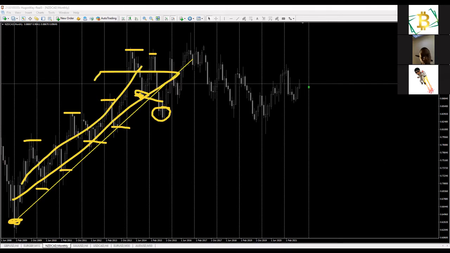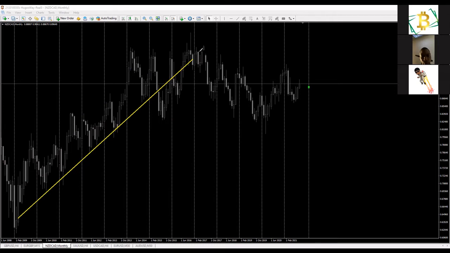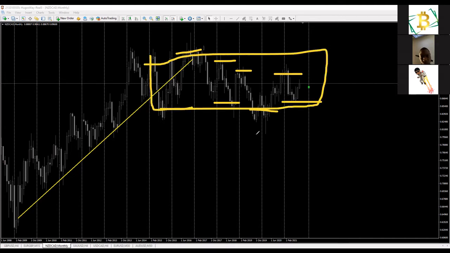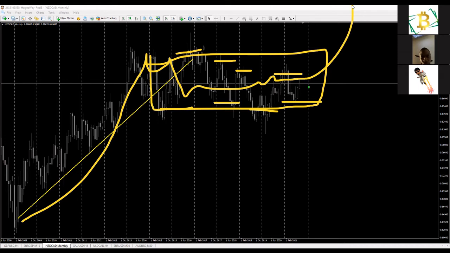Now, the next trend we've got is actually a sideways trend. Notice how these highs and these lows seem to all be in the same area. That would be considered solid consolidation. So looking at this, obviously we're seeing a swing, consolidation, getting ready for another swing.